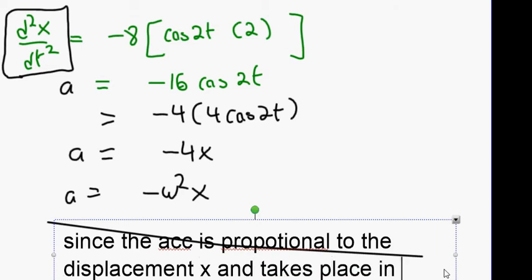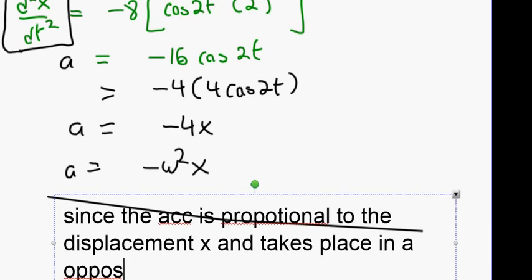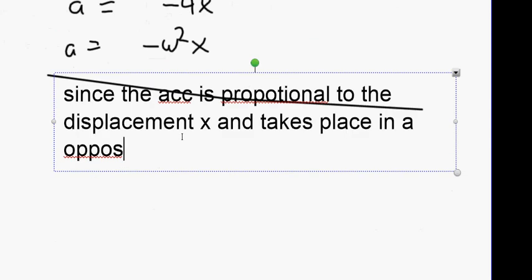How do I know it's in the opposite direction to x? Any sign does that for you? The minus sign. See the minus? So when x is positive, a is negative. When x is negative, a is positive. They always go in different directions.